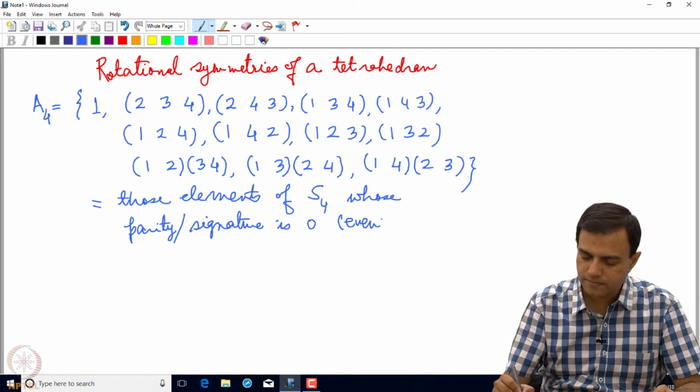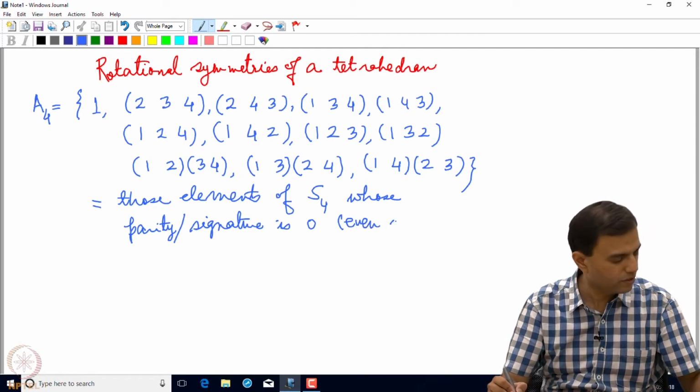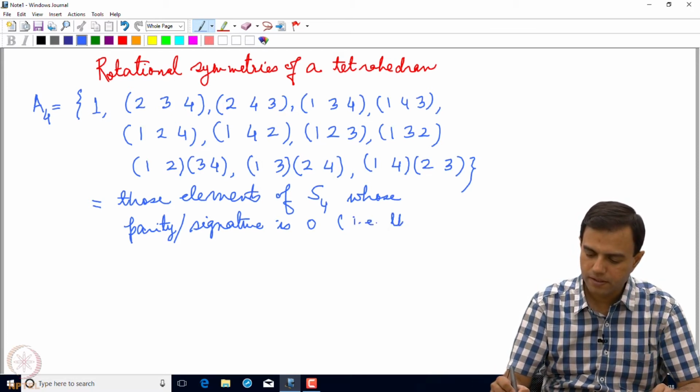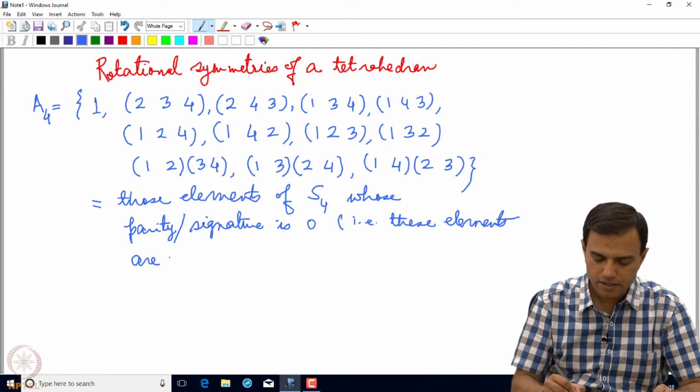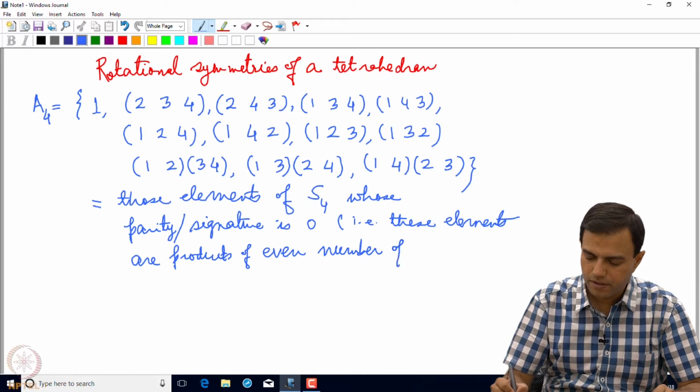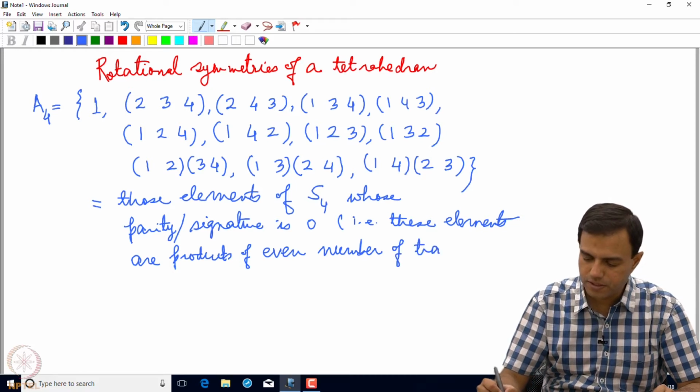So these are even, these elements are products of an even number of transpositions.